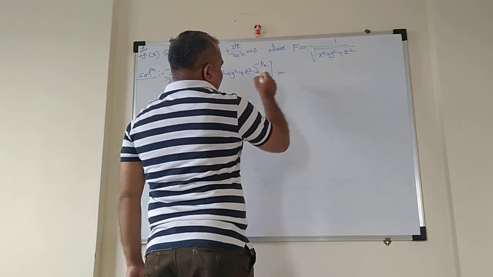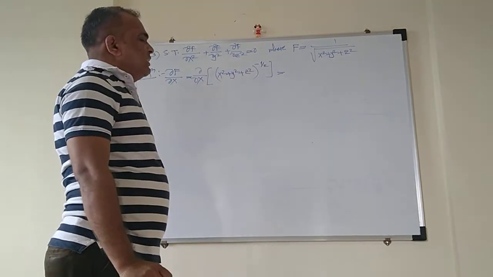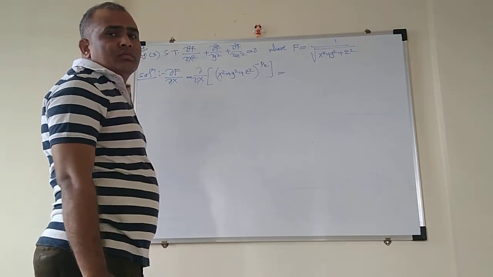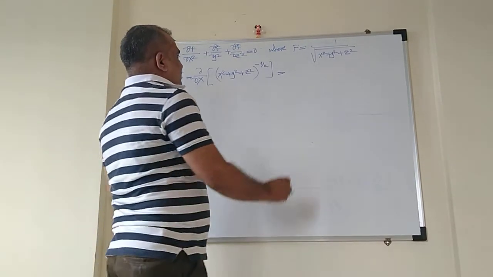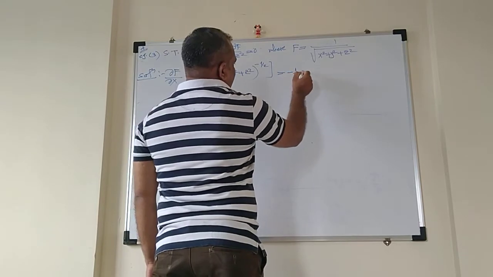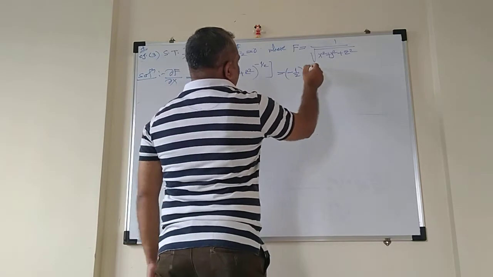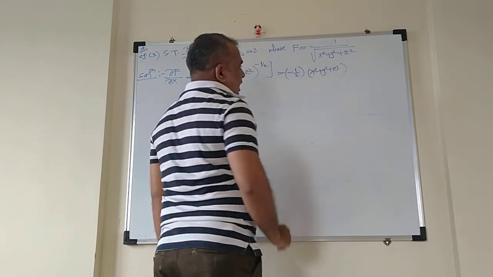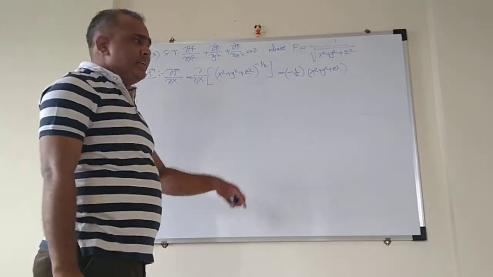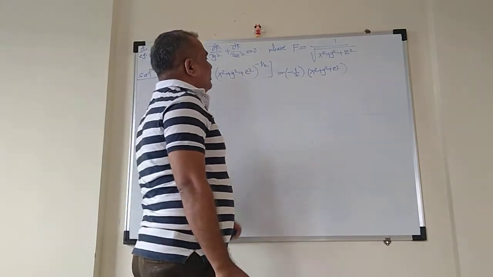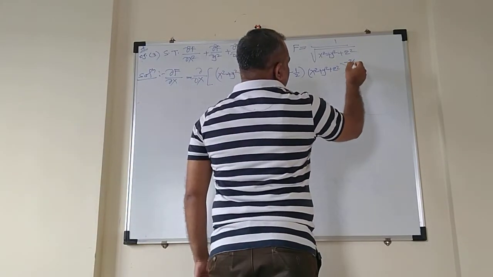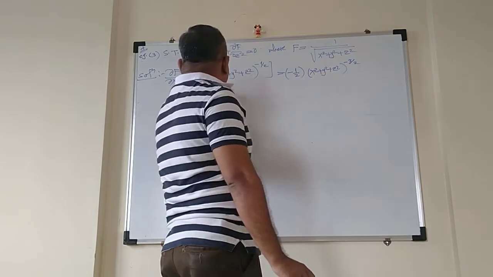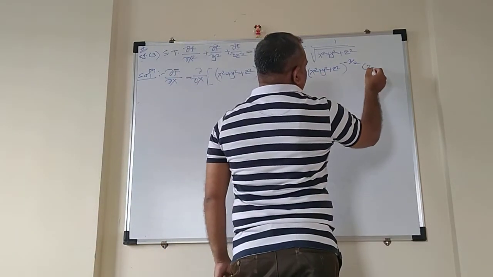If you differentiate this, the differentiation of x raised to minus half is minus half x raised to minus half minus 1. So this will give me minus half times x square plus y square plus z square raised to power minus 1, so minus half minus 1 will be minus 3 by 2, into the differentiation of this bracket with respect to x, which is 2x.